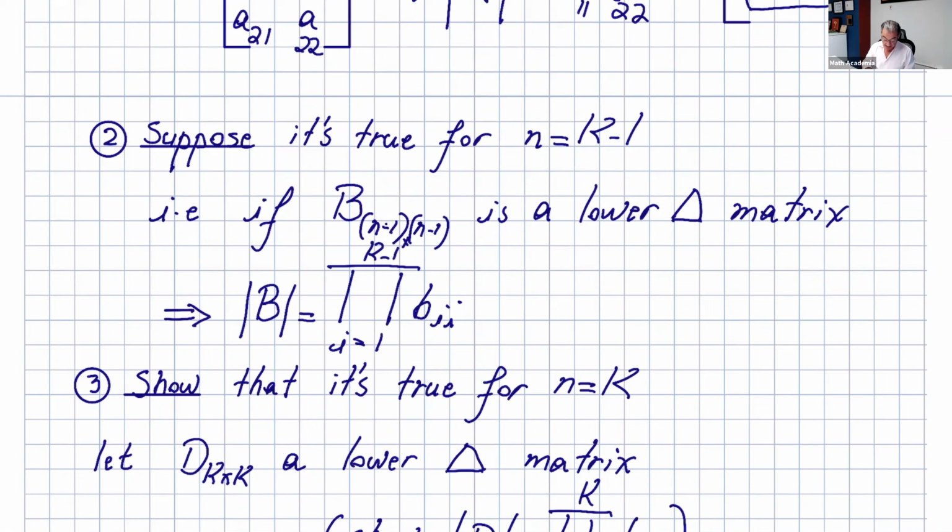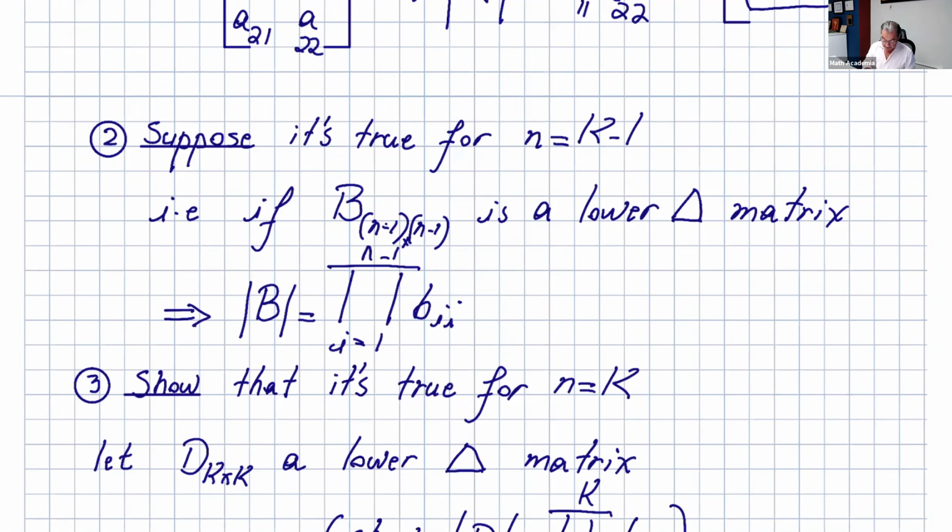We suppose that the determinant of B is just going to be the product of i equals 1 to k minus 1 of b_ii.